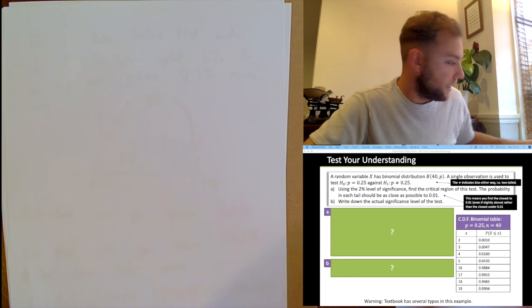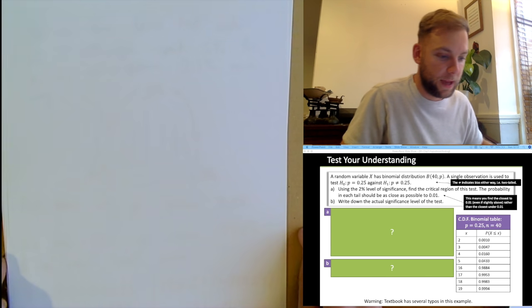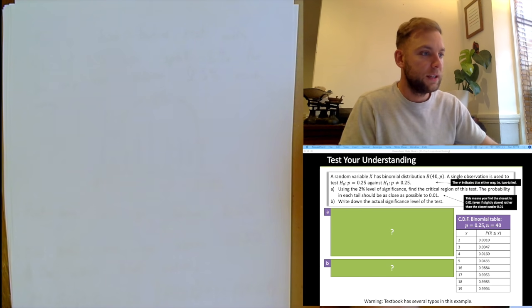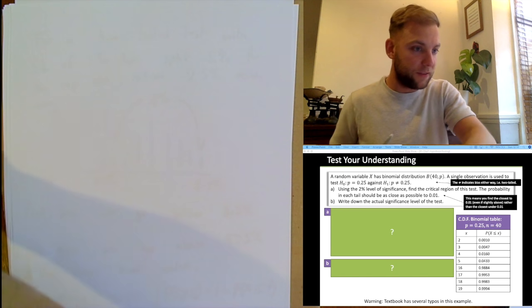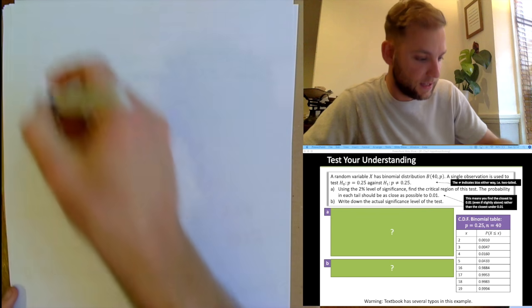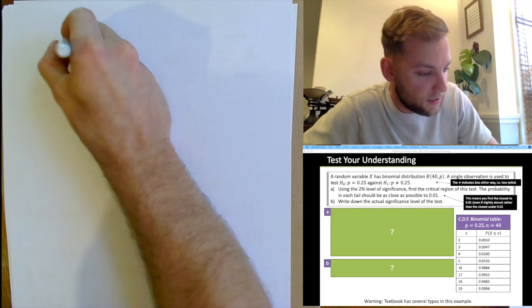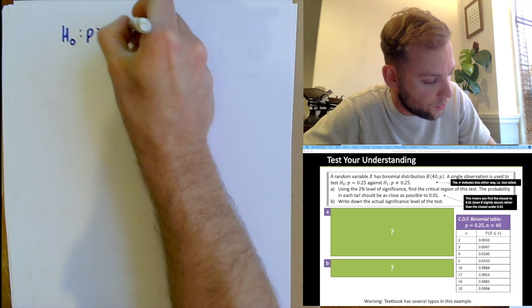So a random variable x has a binomial distribution of 40, p. What we're saying here is that we're doing something 40 times, all right? A single observation is used as a test. So we're giving our null hypothesis. In this case, H0 is that the probability is equal to 0.25.